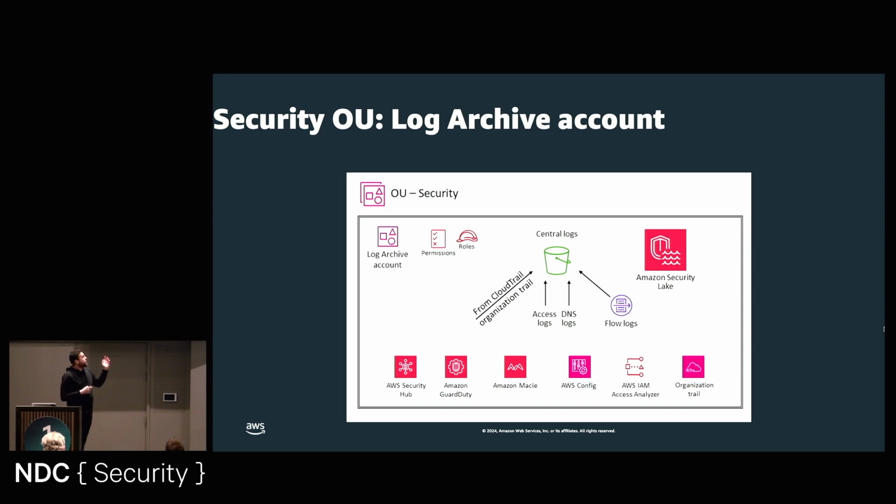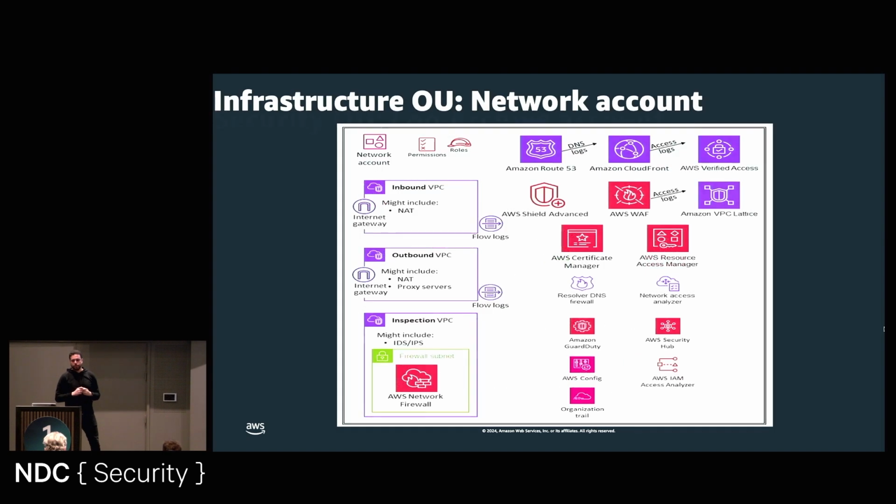Some of the services such as Amazon CloudTrail, as I mentioned, send their logs to the log archive account, that's where to archive them, but they also work across the different accounts in your organization to collect and aggregate the logs from them. The second OU we have is the infrastructure OU, and it also contains two accounts.